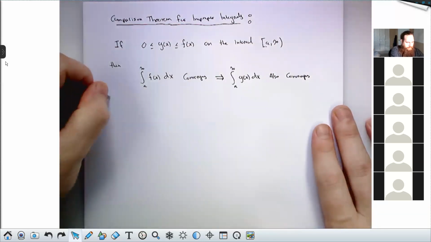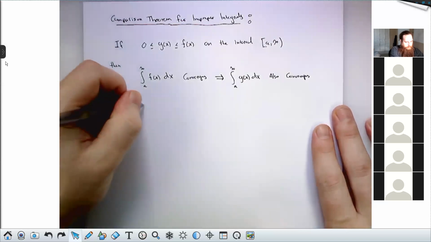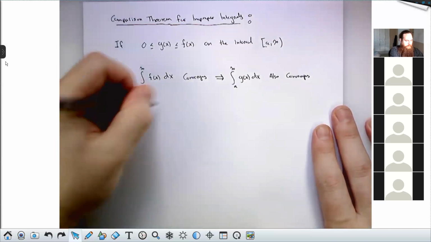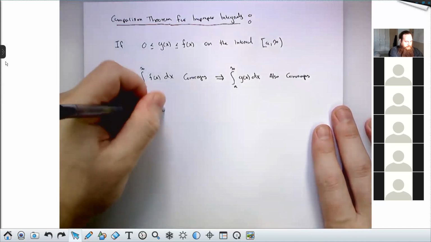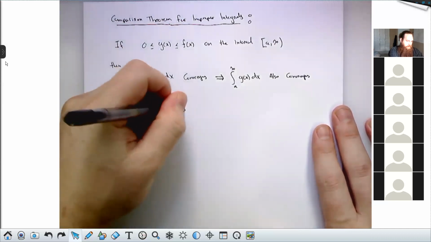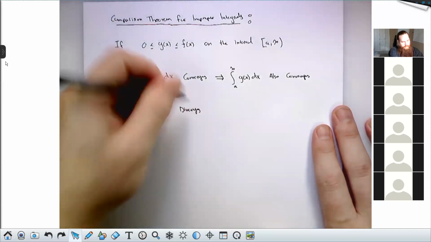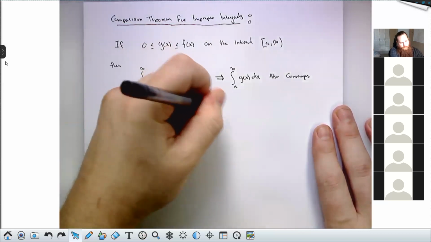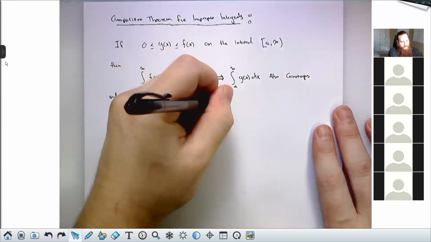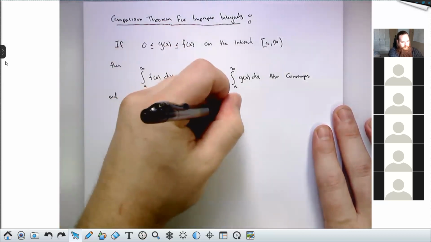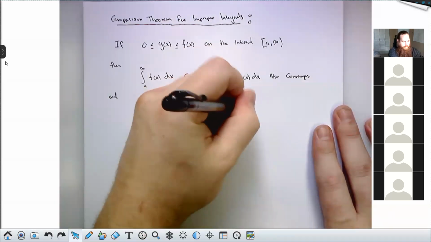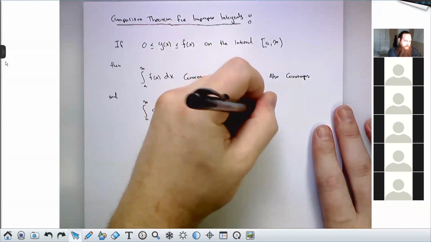And if the integral from a to infinity of g of x dx diverges, that implies that the integral from a to infinity of f of x also diverges.